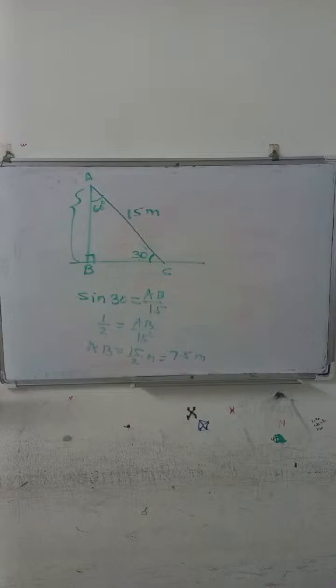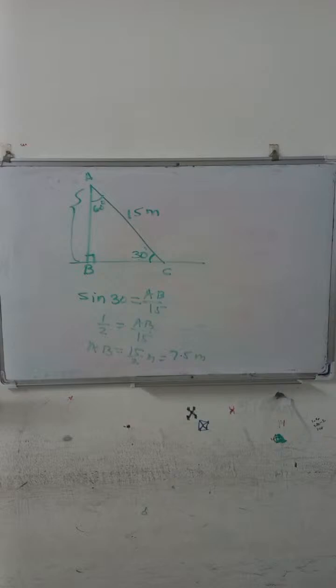Okay, I'll repeat. The angle of elevation of the top of the tower from point A on the ground is 30 degrees. On moving a distance of 20 meters towards the foot of the tower, the angle of elevation increases to 60 degrees.